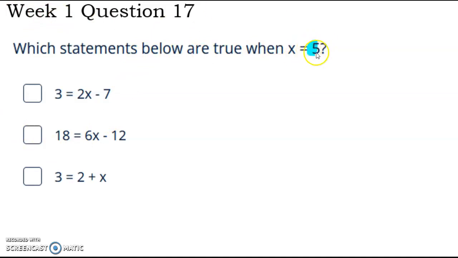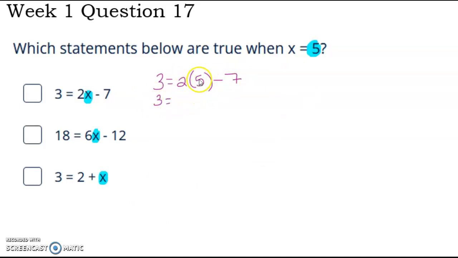All right, so let's go ahead and give this a try. I am going to take this number 5 and I'm going to put it wherever I see an x. We're going to turn all these x's to the number 5. So we're going to have 3 equals, instead of 2 times x, it's going to change to 2 times 5 minus 7. So we have to use our gems.